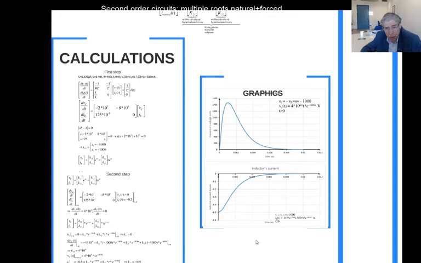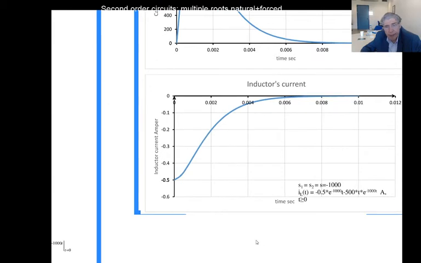So look at the second one. Since this is a natural solution, the function starts from the initial conditions, and this one also goes to 0. That's the expected result, because the energy is a limited amount of energy stored in the circuit, so this energy is going to disappear after a while.